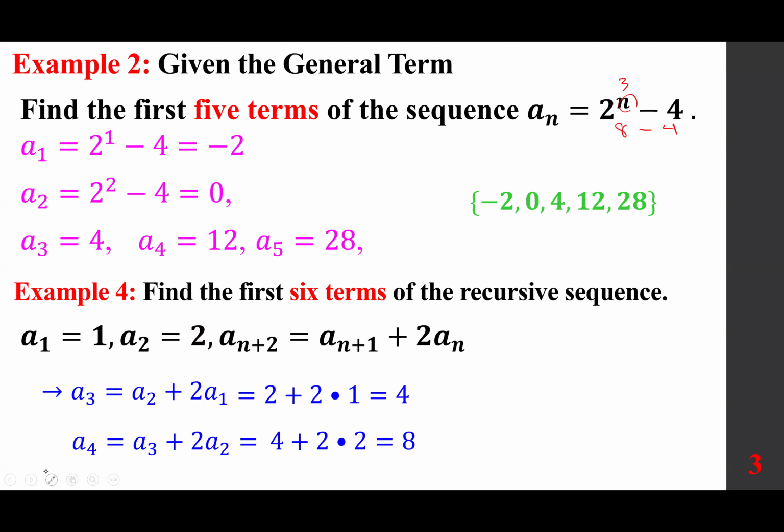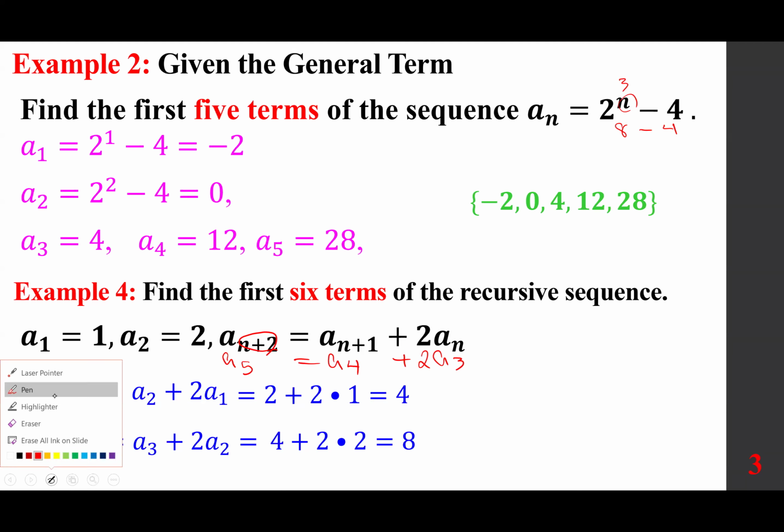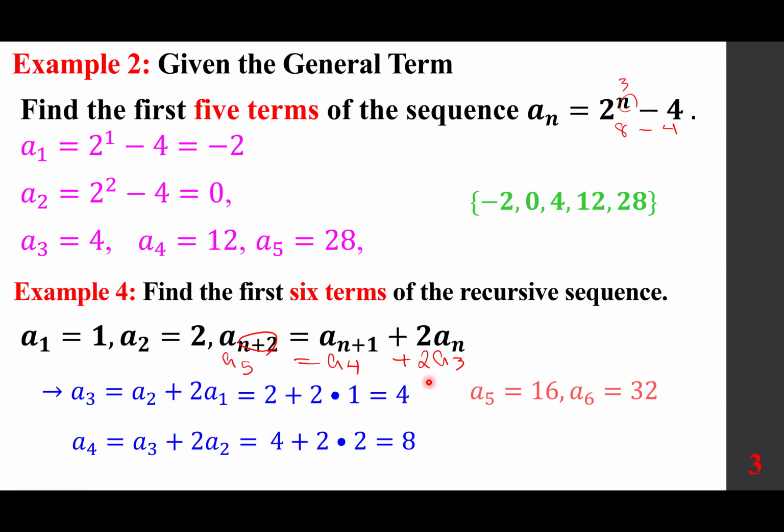So if I want A sub 5, I want the previous one, A sub 4, plus 2 times the one before that, A sub 3, which means I want 8, and then 2 times A sub 3, 2 times 4, 8, and 8 plus 8 is 16. So A sub 5 is 16, and you can figure out the rest.